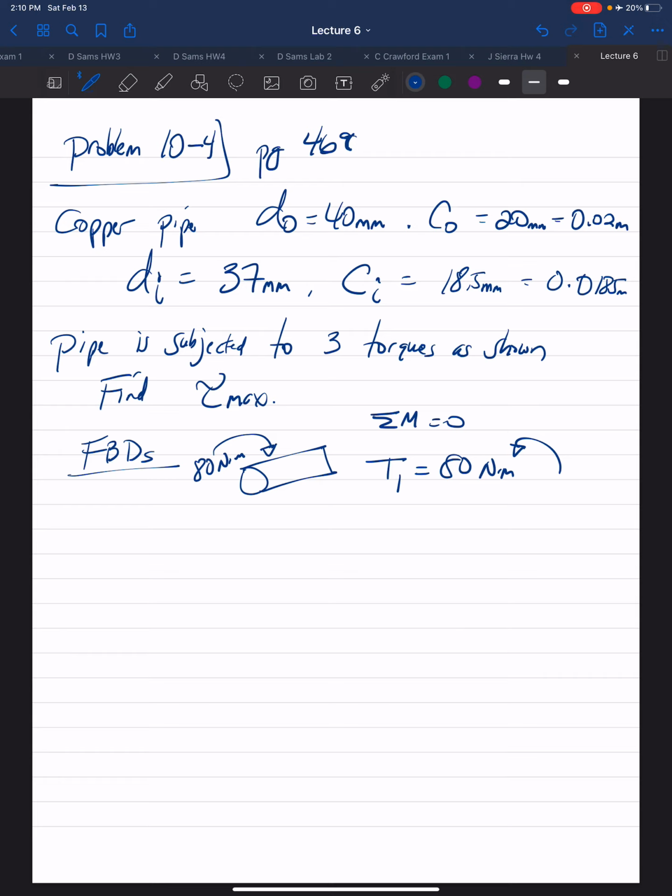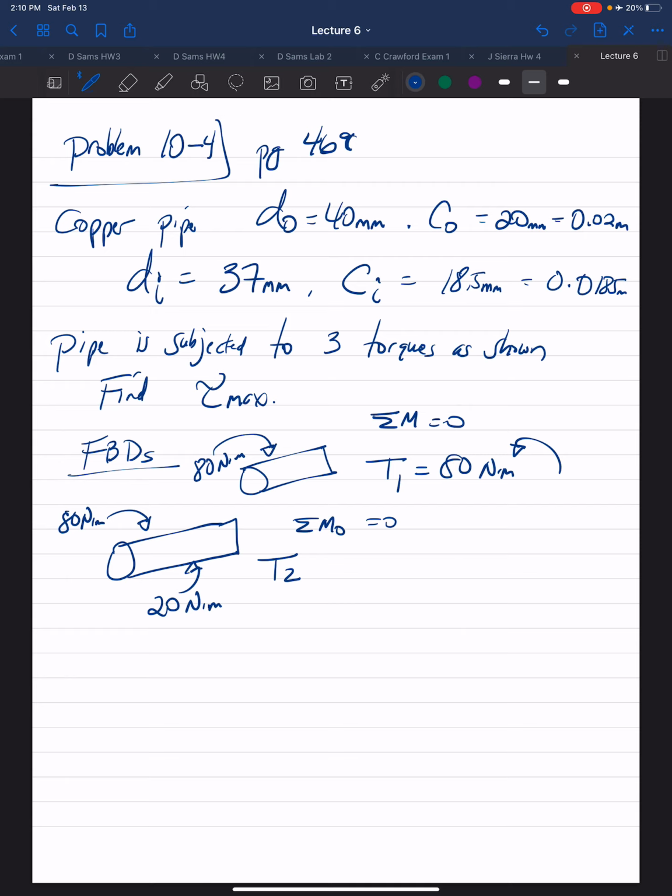So then we move on to the next section along the shaft. We have the 80 newton meters as before. Well, there's an opposite applied external torque of 20 newton meters. So to find the resultant internal torque here, once again, the sum of our moments equals 0. Then to balance this out, we'll label it T2.